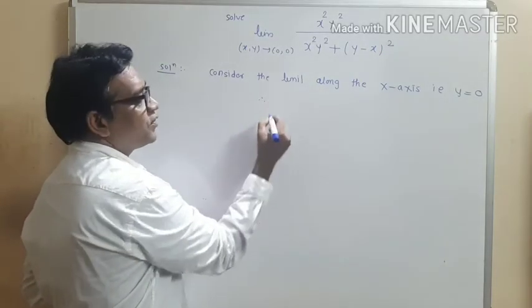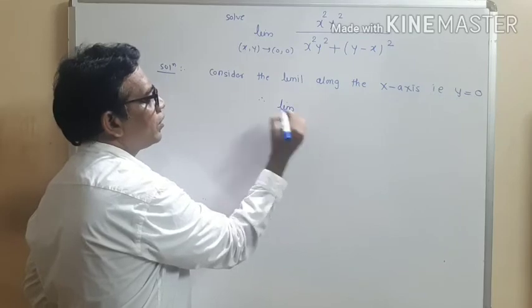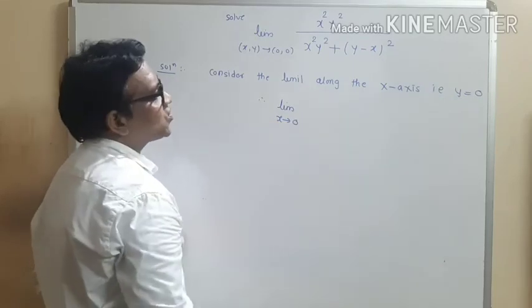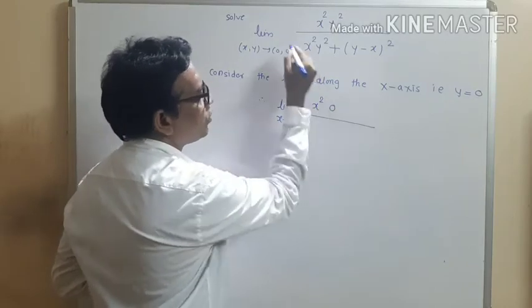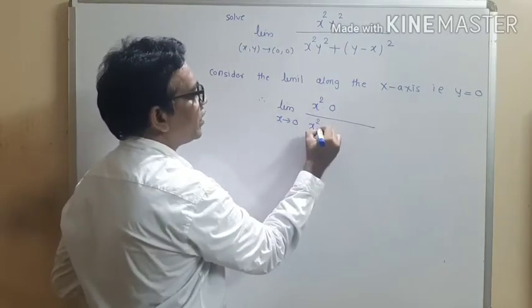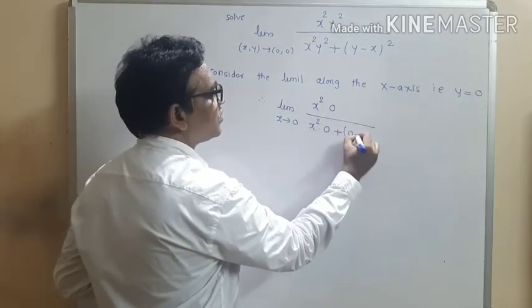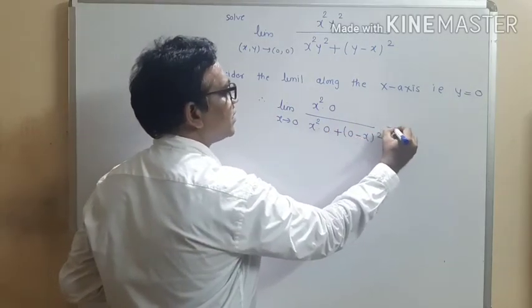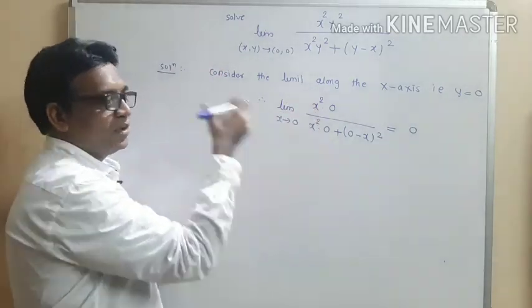So put y equal to 0. We get limit x tends to 0 of x square into 0, over x square plus 0 plus (0 minus x) bracket square. So obviously it is 0. x square into 0, anything into 0, is again 0.